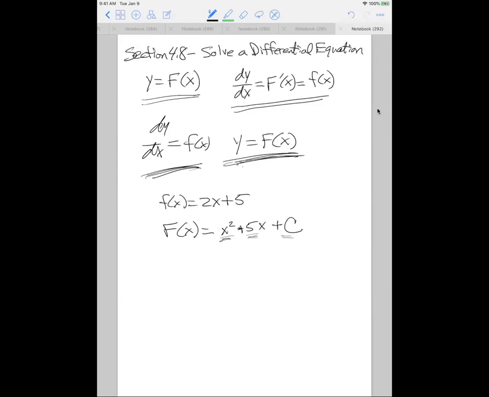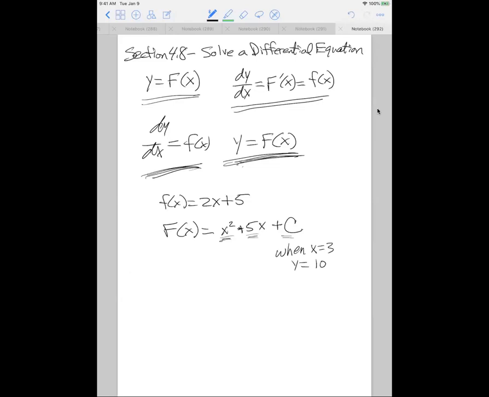An example they give in the text, and I'm going to apply it to this problem, is what they call a boundary condition: when x equals 3, y equals 10. You could give that as a coordinate, 3 comma 10. Here's the boundary condition.